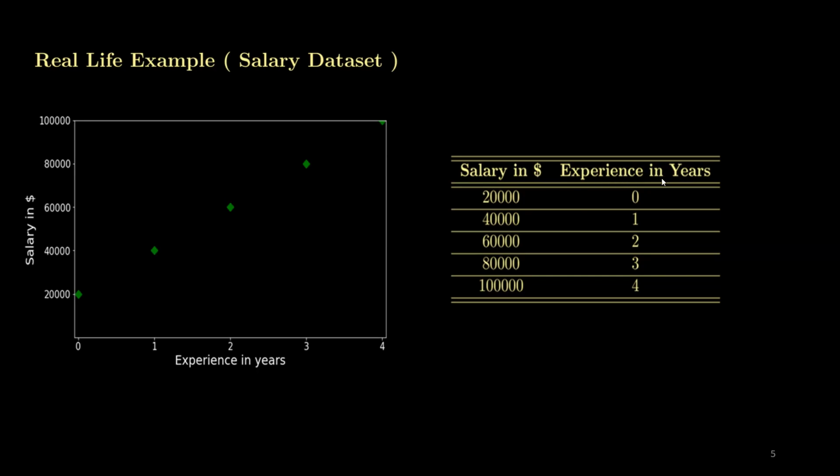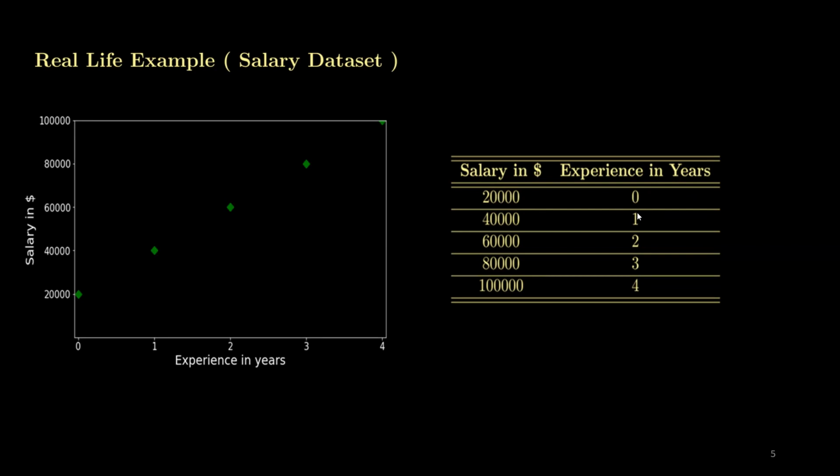So experience in years is the independent variable, whereas salary in dollars is the dependent variable, because salary is dependent on the experience. If the experience is 0 years, the salary will be $20,000. It means if the candidate is a fresh graduate and doesn't have any experience, the salary will start from $20,000.